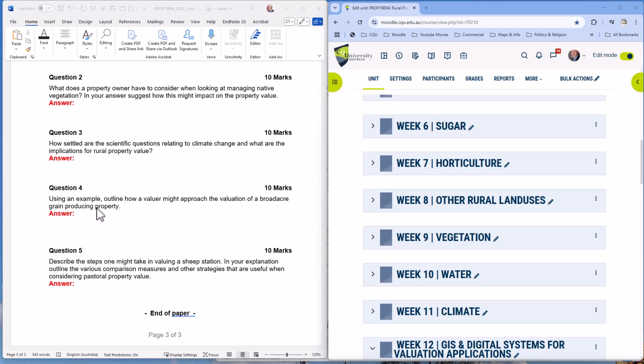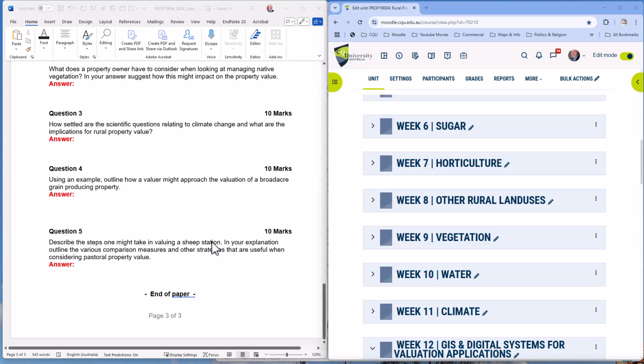It could be almost any land use, because this gives you the opportunity to then outline your understanding of what's involved in this case, valuing a broad acre property. It could be an avocado farm, it could be irrigated cotton, or whatever. Simple question, tell us all you know, and there's 10 marks in there.